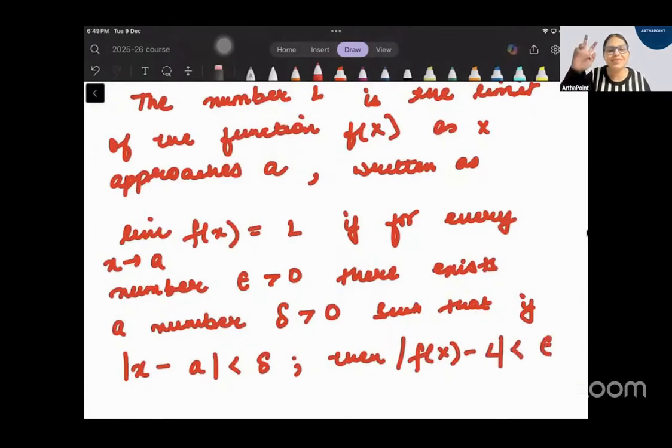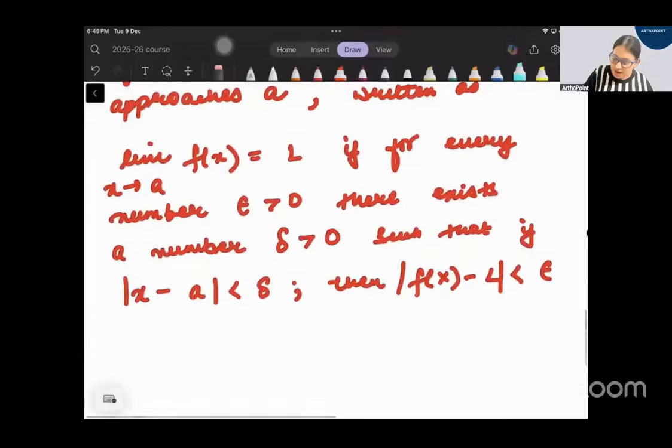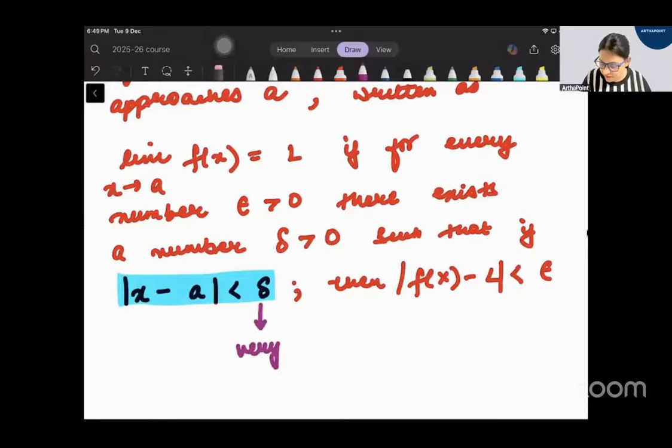This is the official definition of limit. Now it is very easy, what is it saying? Let's understand. It says, so |x minus a| less than delta, understand carefully, here epsilon is a very small number, very very small number.